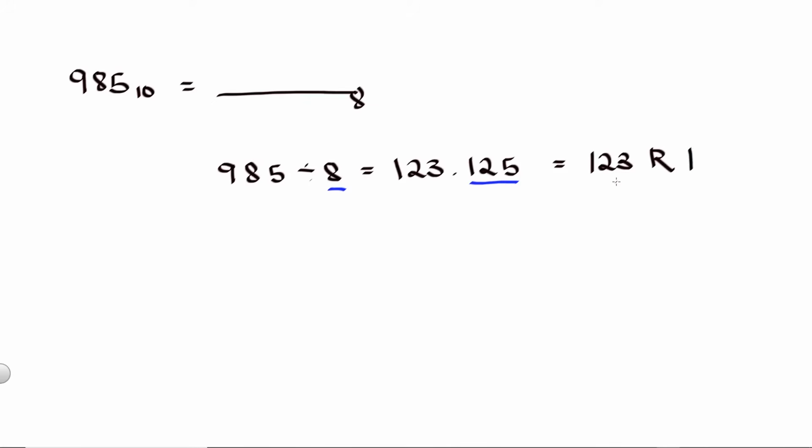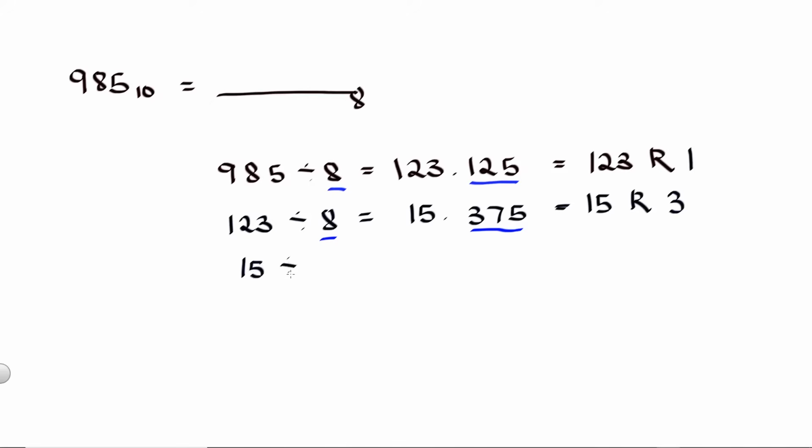Then we're going to take 123 divided by 8, and it will give us 15.375. So this is 15. And for the remainder, 0.375 multiplied by 8 is equal to 3. So 15 remainder 3.